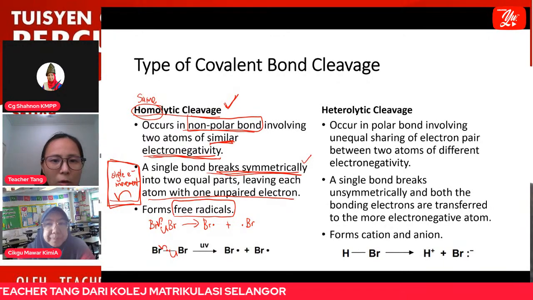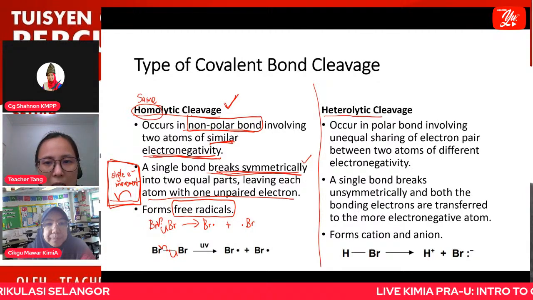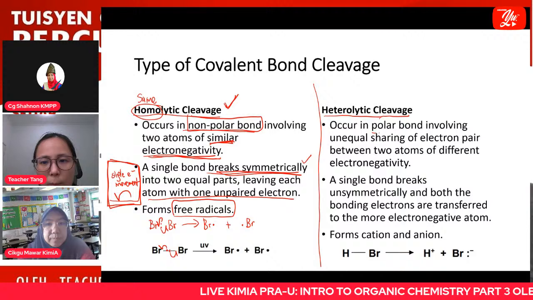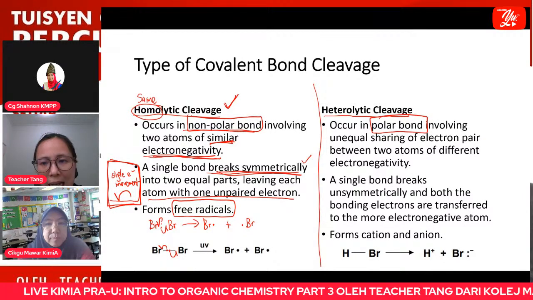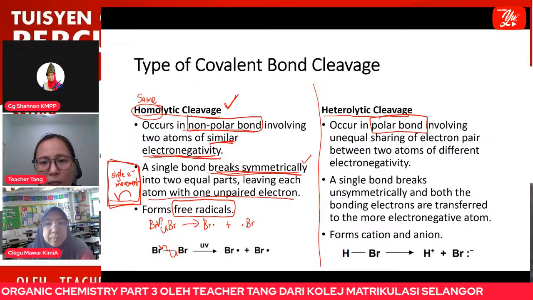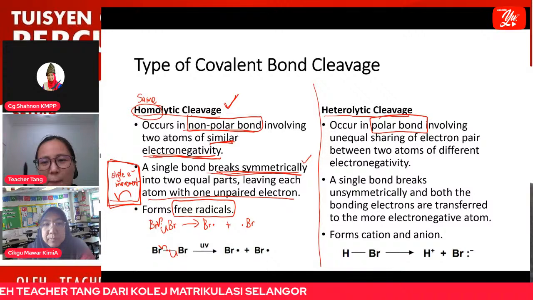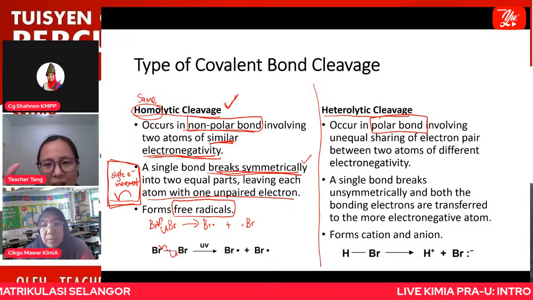The second type of covalent bond cleavage we call heterolytic cleavage. Heterolytic cleavage occurs in polar bonds. A polar bond is where the shared pair of electrons in the covalent bond is unequally shared.